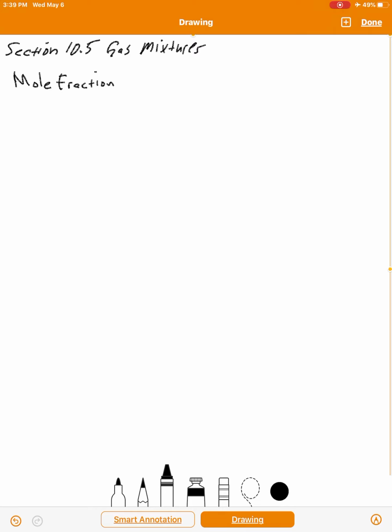Mole fraction is the basis of this. What we will say is there's a symbol, X, for the mole fraction of an individual gas, and it is equal to the moles of that gas divided by the total number of moles. We're going to call that the mole fraction.